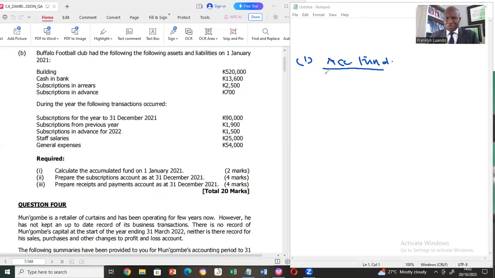The assets here, we have the buildings, 520,000.